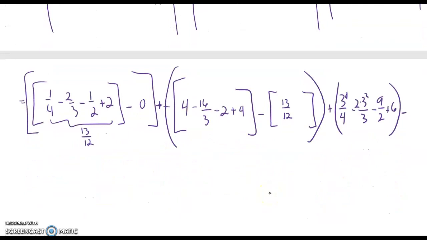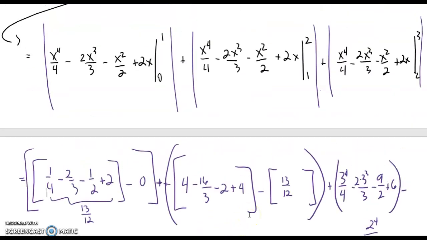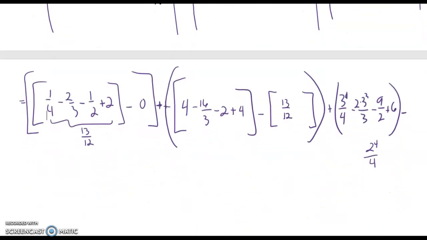So I'm going to subtract from that if I plug in 2. So it'd be 2 to the 4th over 4. Oh, that one we did. Maybe we can save ourselves a little bit of trouble. Just a little bit. And then do the computations at the end. So now I plug in 2 and I should get that guy. Right? So that would be 4 minus 16/3 minus 2 plus 4.